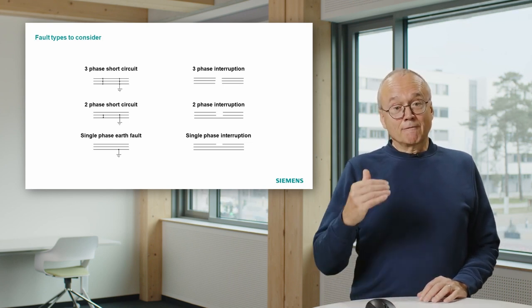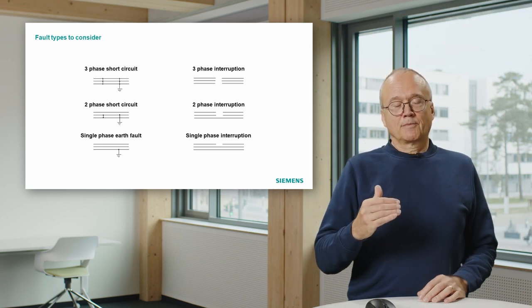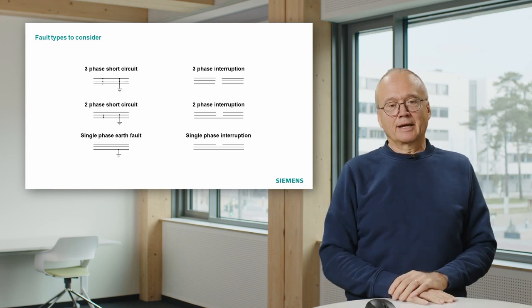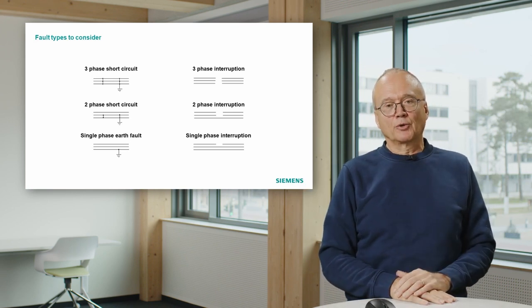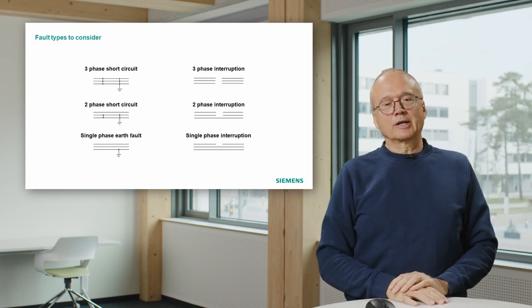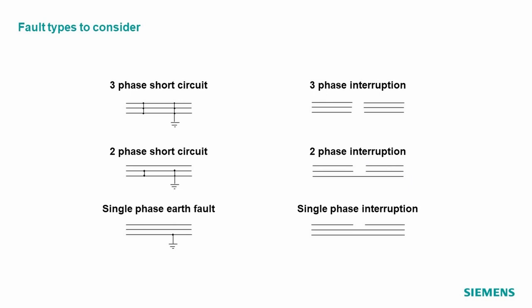Sometimes they evolve to a phase to phase to ground fault. That means if you have on one tower a lightning arc burning, a short circuit burning on the tower, there's a lot of hot air flowing around there, and that sometimes affects also another phase. Then you get this phase to phase to ground fault.